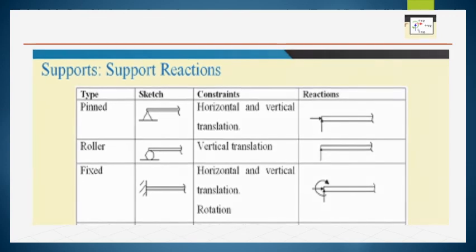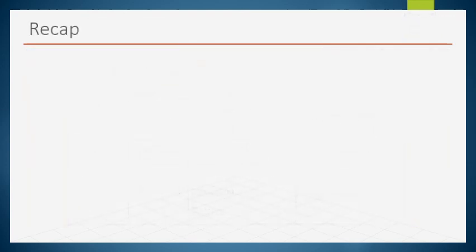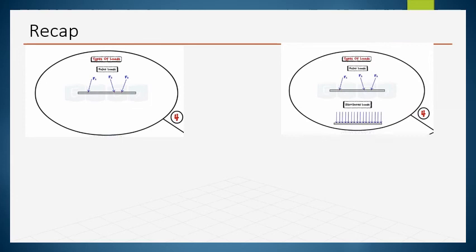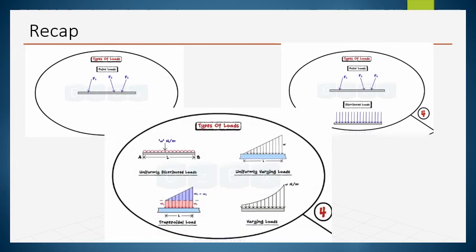Next, we have seen the point loads, which are concentrated at a point. Distributed loads: in the case of distributed load, we have seen the UDL, uniformly distributed load, and the uniformly varying load.